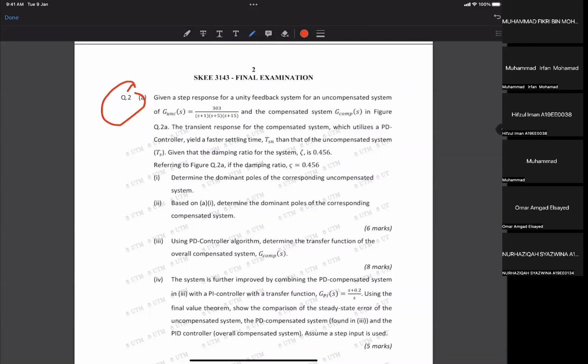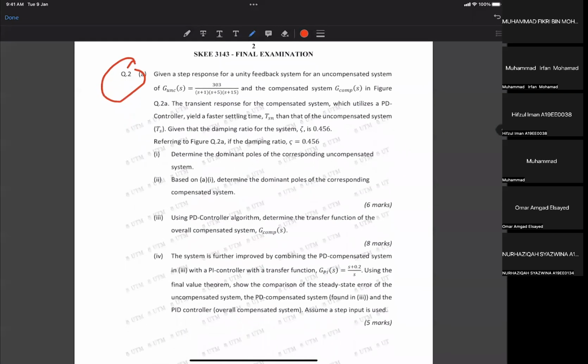Given a step response for a unity feedback system for an uncompensated system G uncompensated S equal to the function and the compensated system G compensated S in figure Q.2a, the transient response for the system which utilizes a PD controller yields a faster settling time than that of the uncompensated system, given that the damping ratio zeta is 0.456.